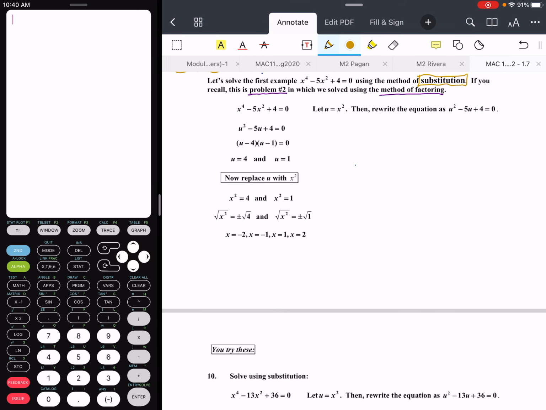All right, so let's keep going with that very first equation that we saw, x to the 4th minus 5x squared plus 4 equals 0. We recognize that it's quadratic in form because the middle variable squared equals my first variable. Remember, I already set up u equals my middle variable x squared, and then I rewrote this equation in terms of u squared minus 5u plus 4 equals 0.